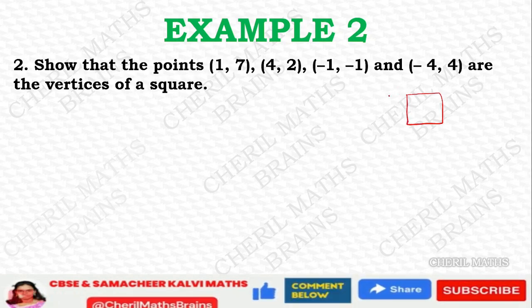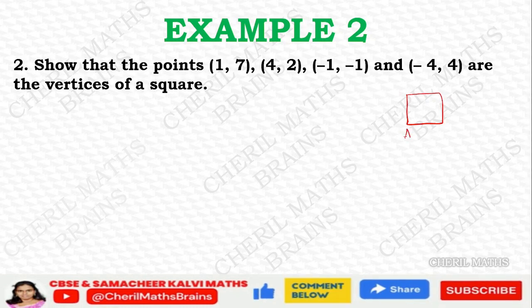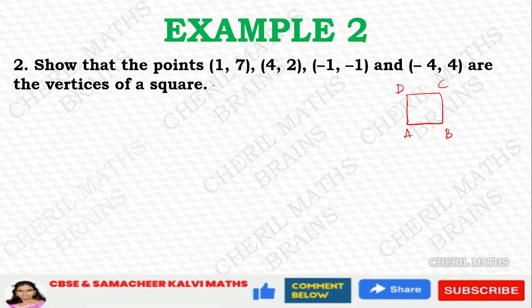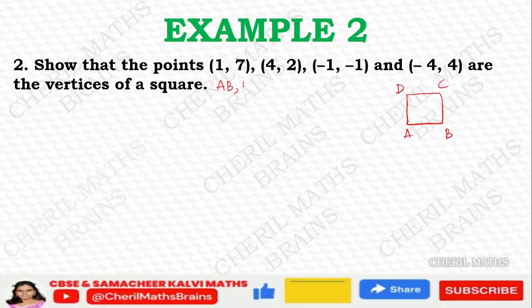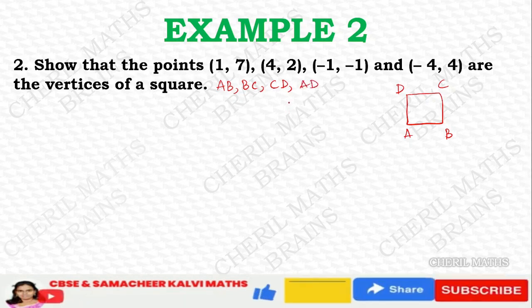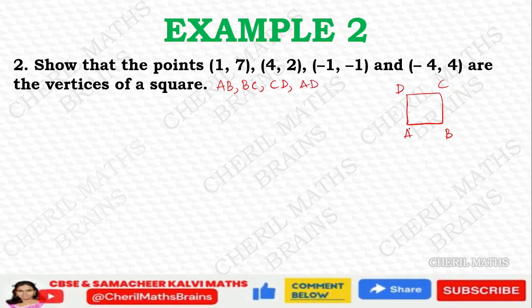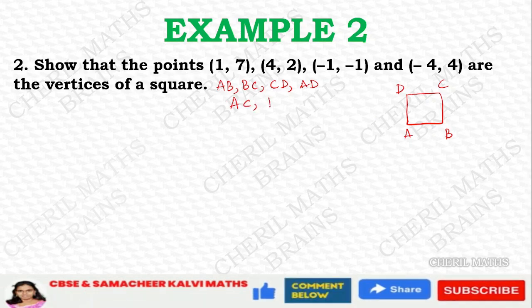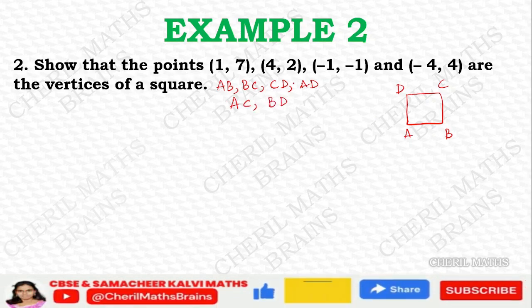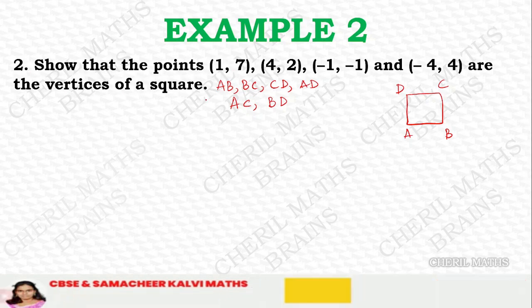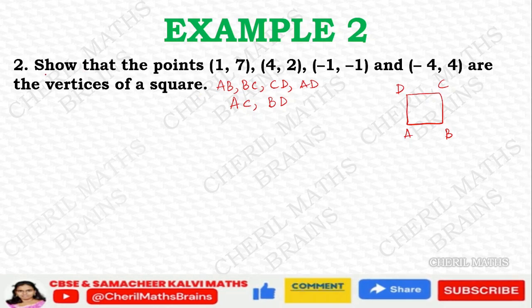So let us take these points as A, B, C and D. First we will find out AB, BC, CD and AD, and then we will check if all these are equal. If they are equal, next we need to find the diagonals AC and BD. When all these are equal, then we can say that they are forming the vertices of a square.